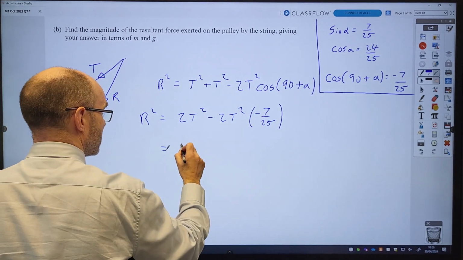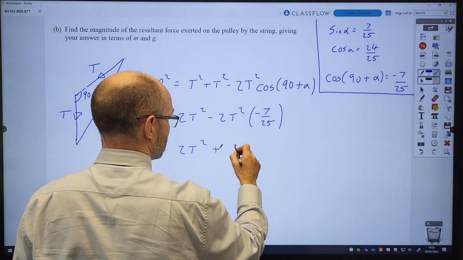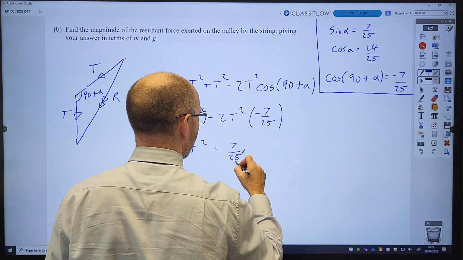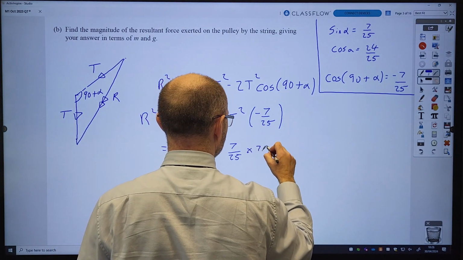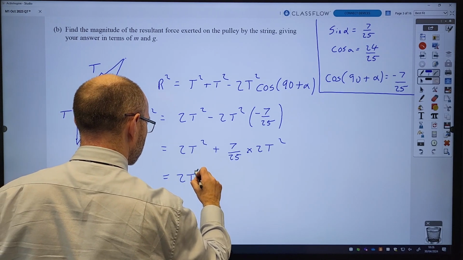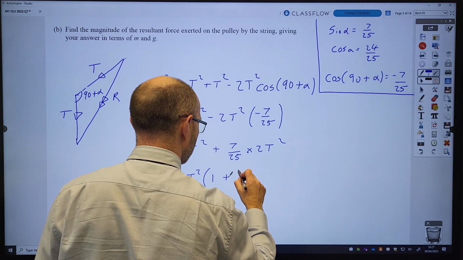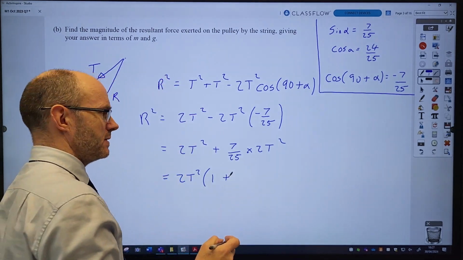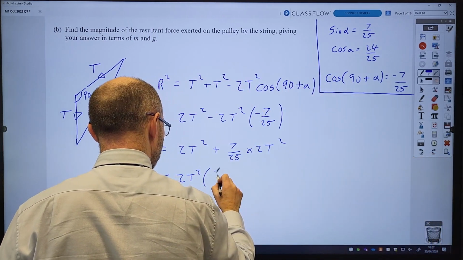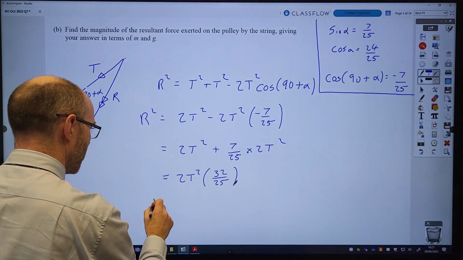So that's going to be 2T squared plus 7 over 25, so it'll be 14 over 25, multiplied by 2T squared. I'm just going to factorise that: 2T squared times 1 plus 7 over 25, which is 32 over 25. All of this is R squared, don't forget.